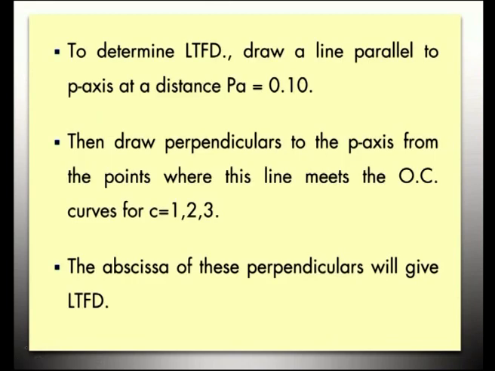Okay. Draw a line parallel to the P axis at a distance PA is equal to 0.10 to determine the LTFD. Then draw perpendiculars to the P axis from the points where the line meets the OC curves for C is equal to 1, 2, 3. The abscissa of these perpendiculars will give the LTFD.